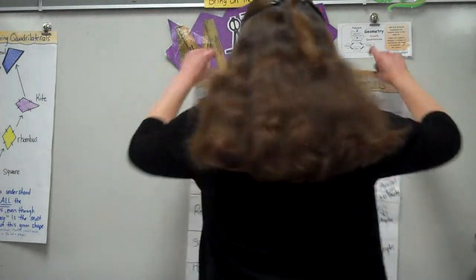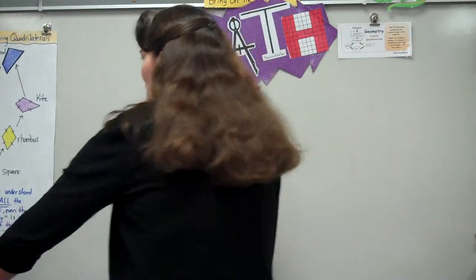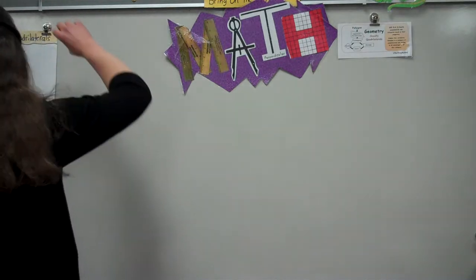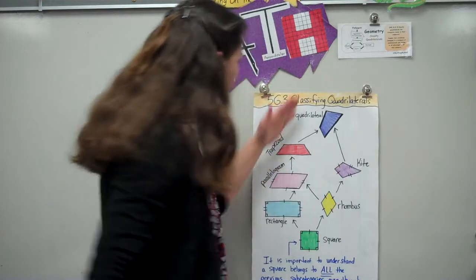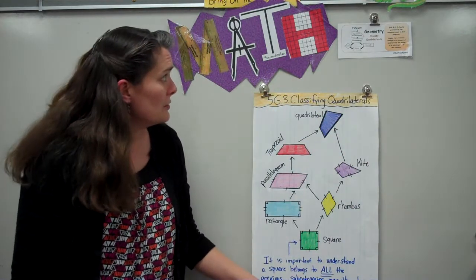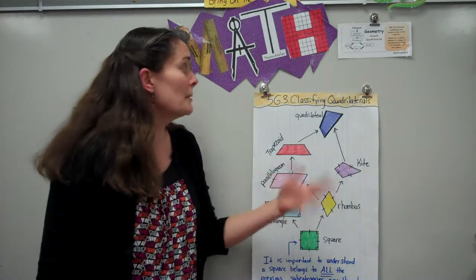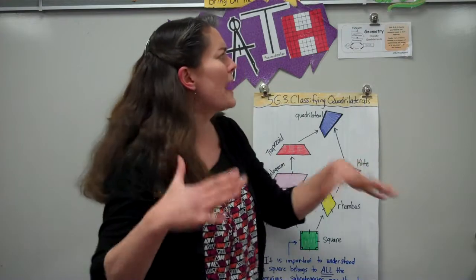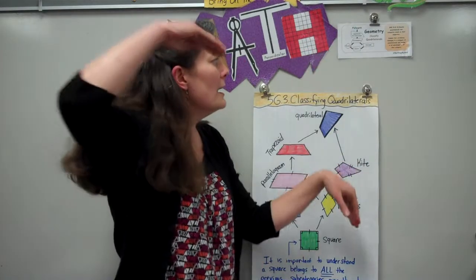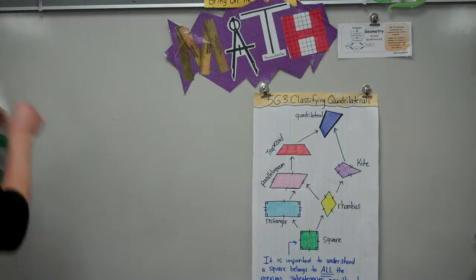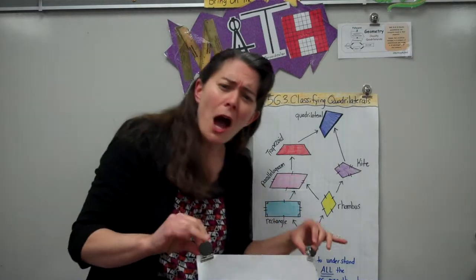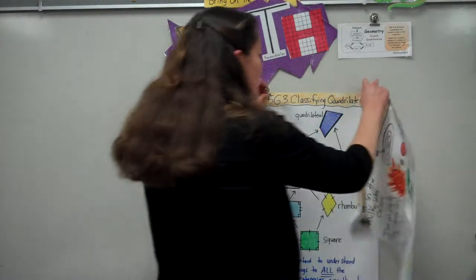And one of the things that I really wanted to talk to you about before you hit that second essential standard is what it means when you are classifying quadrilaterals into those subcategories, realizing that those attributes belong to a category and a subcategory. So I wanted to give you an example of what that looks like in a non-geometry sort of way.